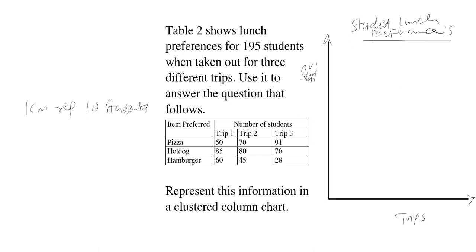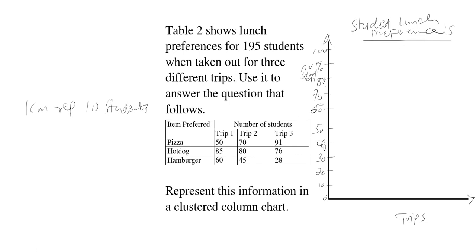So here we have 0, then 10, 20, 30, 40, 50, 60, 70, 80, 90, then we have 100 because we have 91.